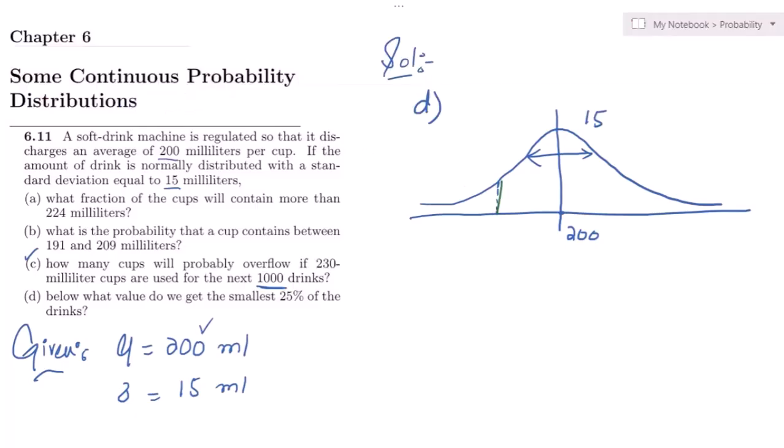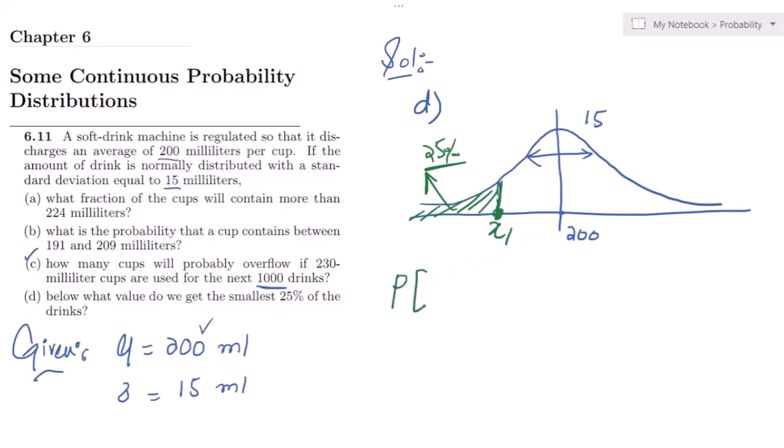So let me have here the lowest 25%. This is the lowest quartile, or lowest 25%, and for it we want to find this value, such that lower than this we will have 25% of the drinks. Okay, so therefore let me have here the standard distribution.